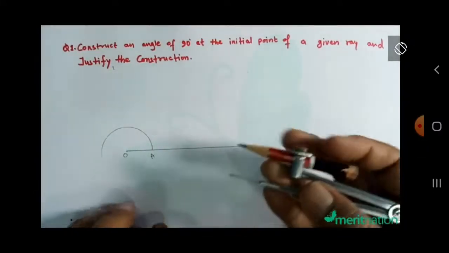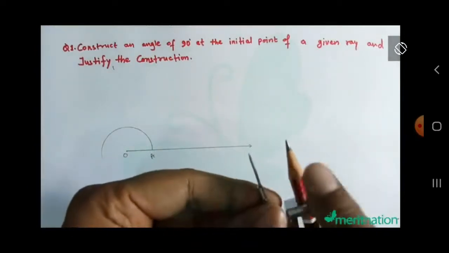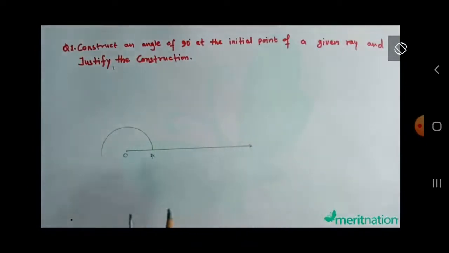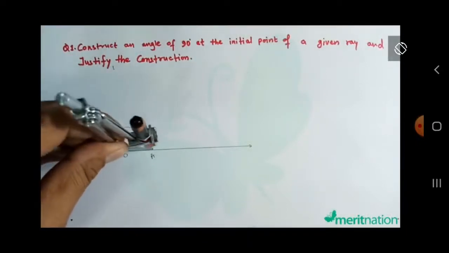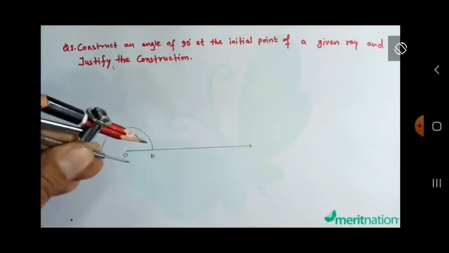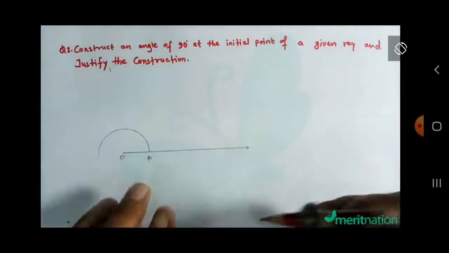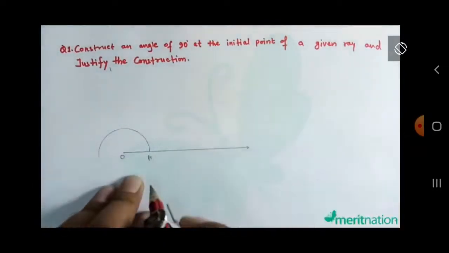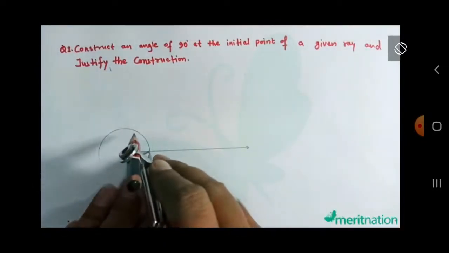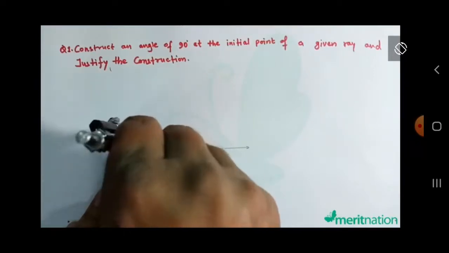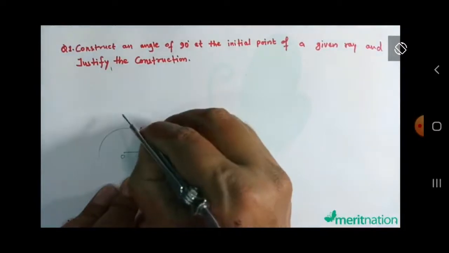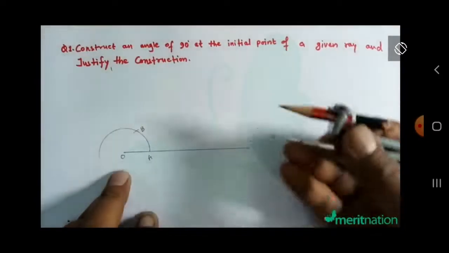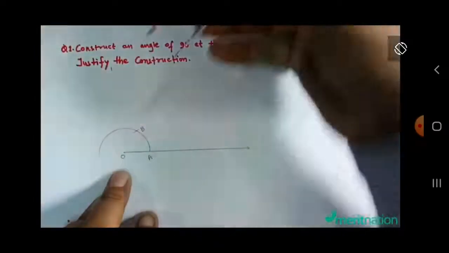And notice that I haven't changed the stretch of this compass. This is still equal to the radius of that semicircle. So I'm now going to take the arc over this semicircle from A. That would be equal to the radius. Let's name this point to be B. And from B, there is another equal arc.